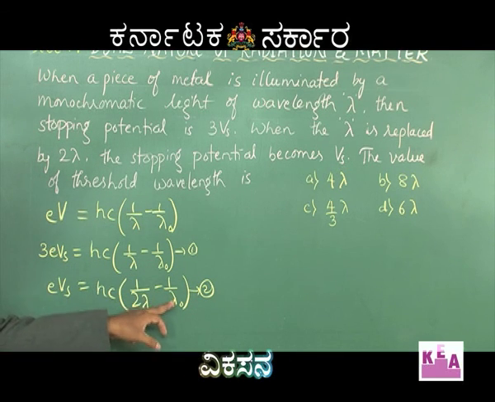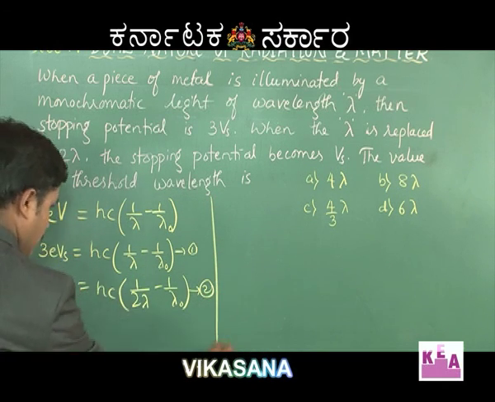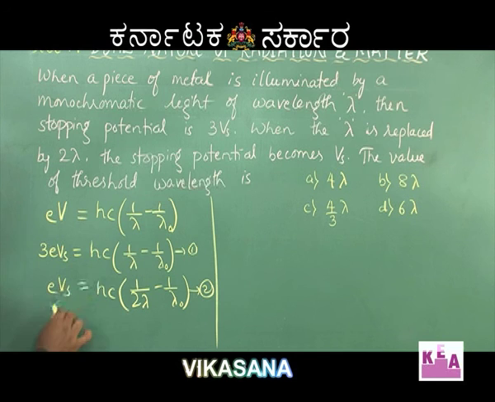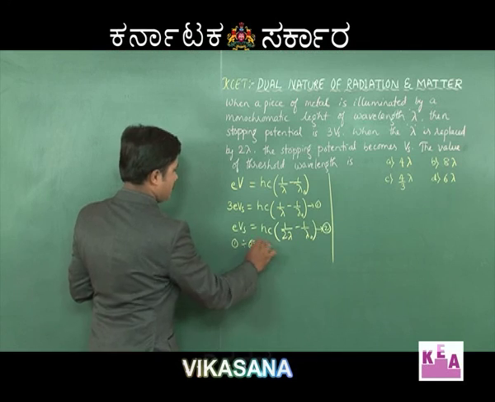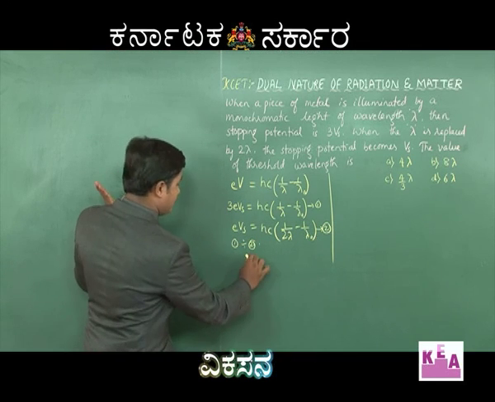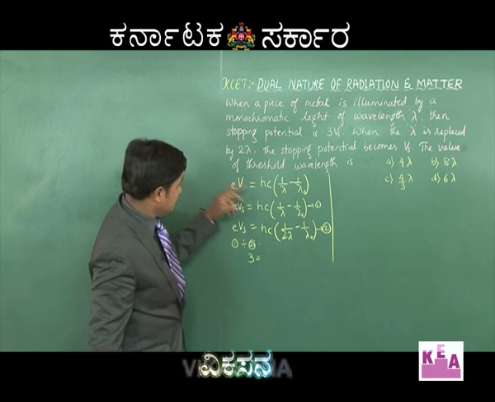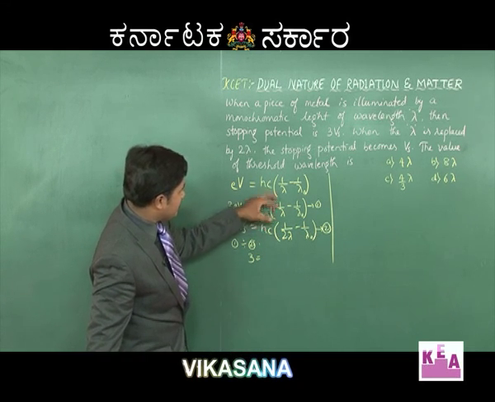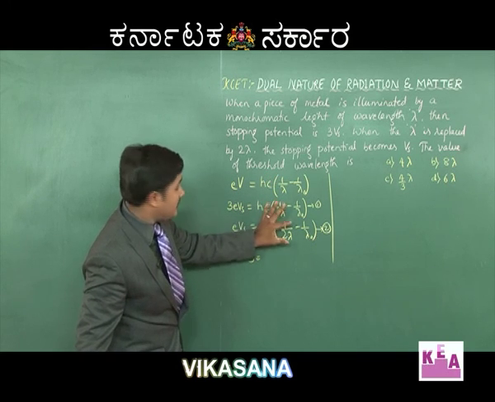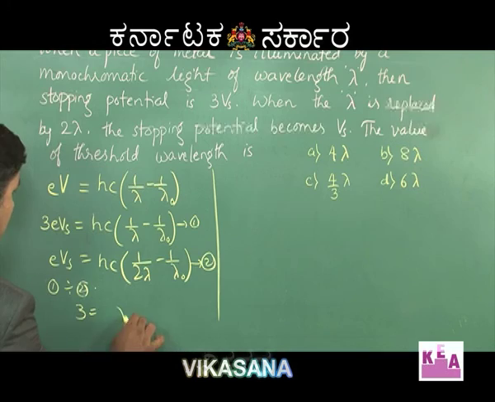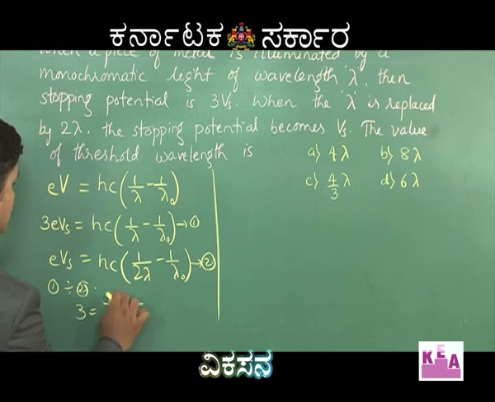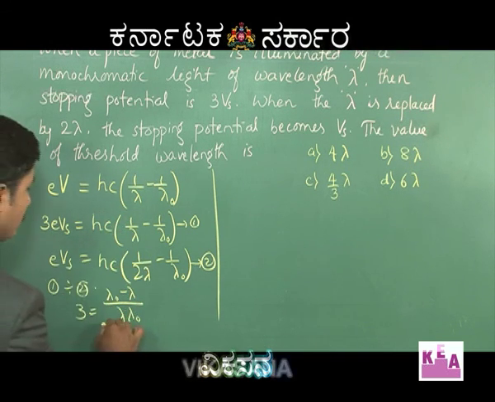What is asked? To get lambda naught in terms of lambda, take the ratio. When I take the ratio of 1 by 2, in LHS I am left with 3, in RHS hc gets cancelled. So, I am left with this part divided by this part. Take LCM, lambda into lambda naught. This is lambda naught minus lambda, this is the numerator part.